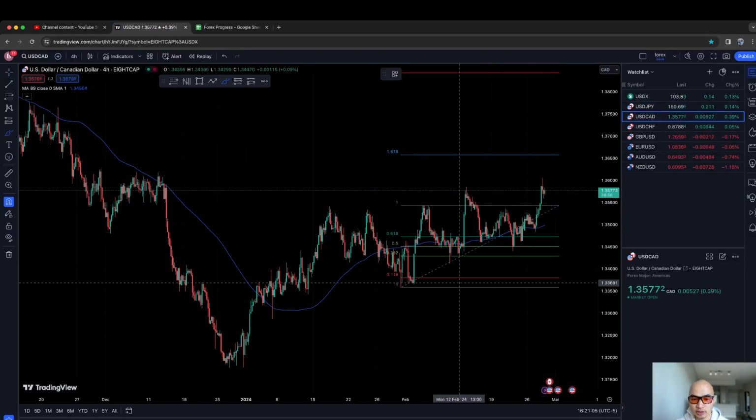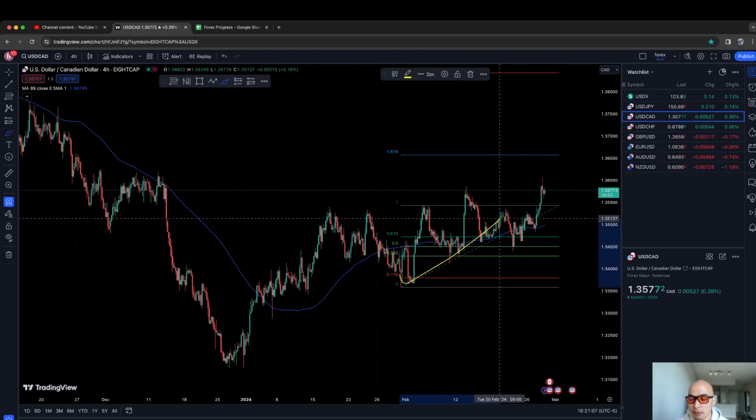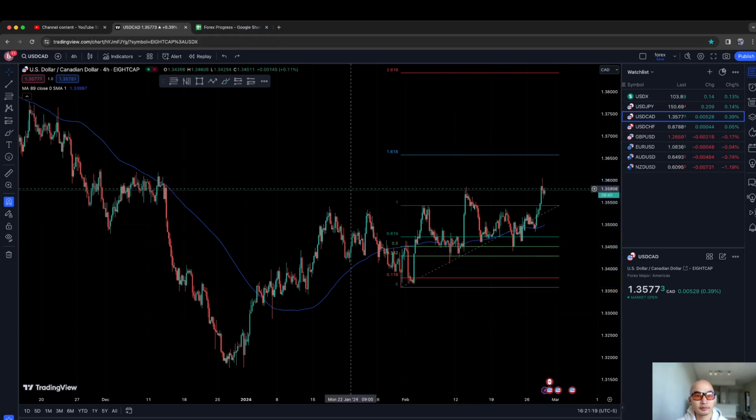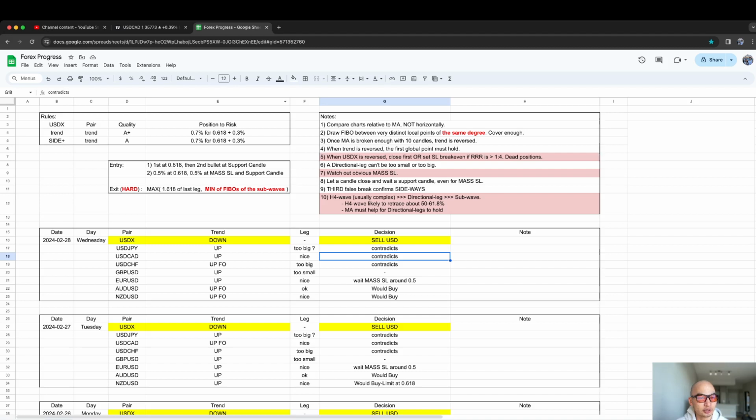And USD Canadian dollar, again the same story. We have the market behaving above the moving average, meaning the dollar is strong against the Canadian dollar. Similarly to USD Japanese yen, the USD Canadian dollar trend is up, but the USD index says to sell USD, so the two stories are contradicting.